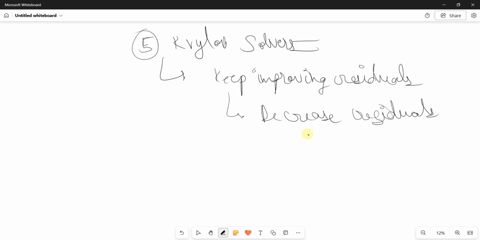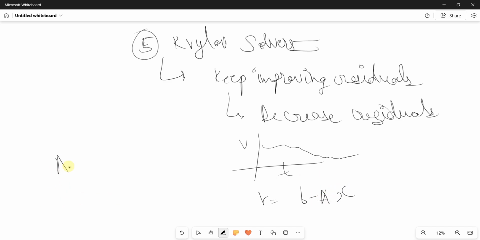Suppose it's a graph of the value against time, you try to converge it as fast as possible. As the solution converges to the real solution, your residuals start decreasing, and that is what the Krylov series does. Your residual is technically your b minus ax.